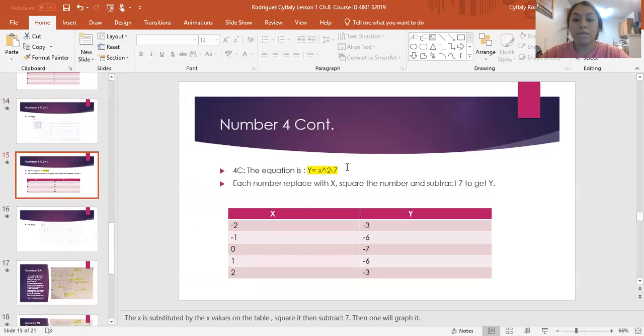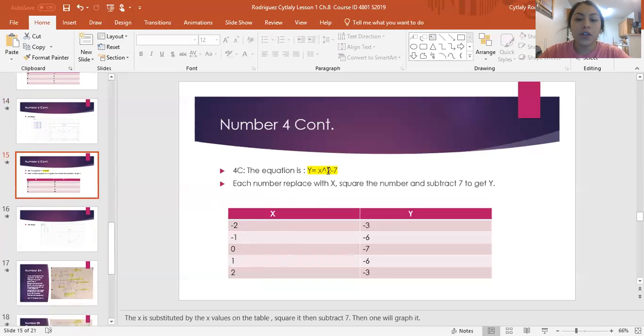For number 4C, we're doing the same. It's almost the same equation, except it's a negative. So we do y equals x squared minus 7. So here's the x values. And I use the same ones, -2 all the way to 2. So -2, -1, 0, 1, 2.